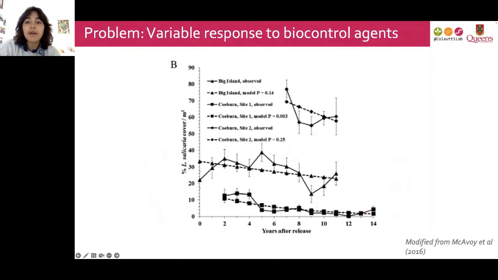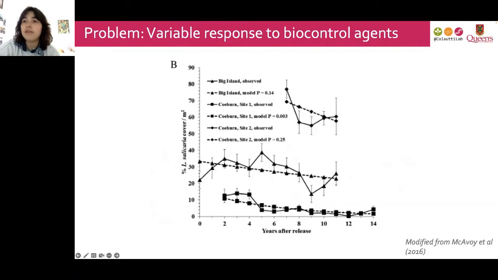However, there is huge variation in the success of these biological control programs. In some stands, it's been recorded that more than 90% of biomass has been reduced, but in others, it appears that the biocontrol has had little to no strong effect, and individuals are still able to survive and reproduce and persist despite the beetle.